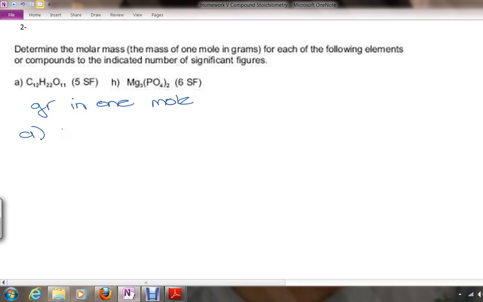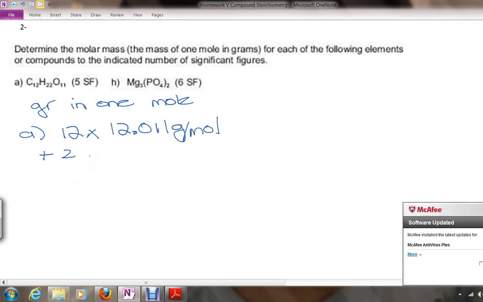For letter A, you multiply 12 by the atomic mass of carbon, 12.011 grams per mole. You can do it however you prefer, or just add them up, like I was writing in class.